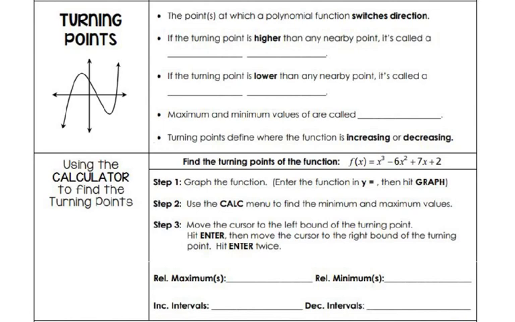If the turning point is higher than any nearby point, we call it a relative maximum. A relative maximum is a point that's higher than all the points around it. So this is a relative max.